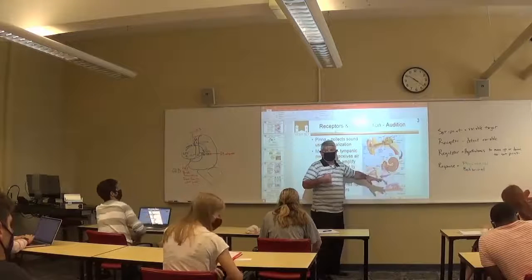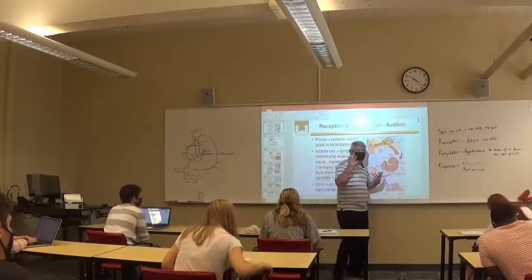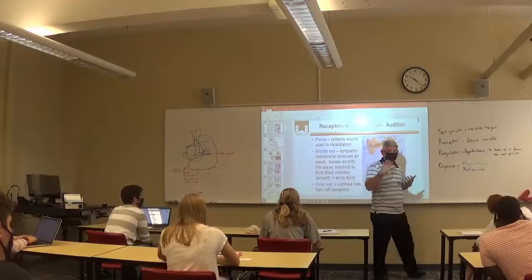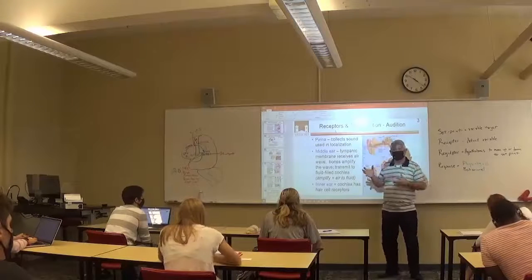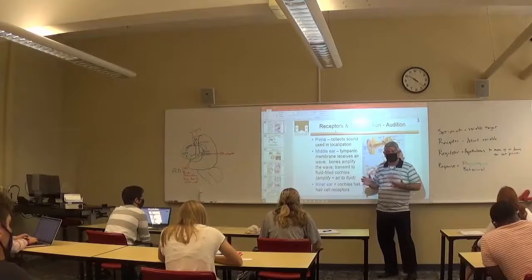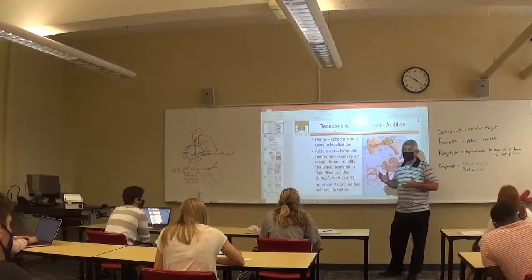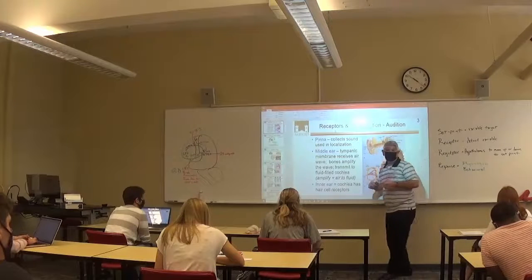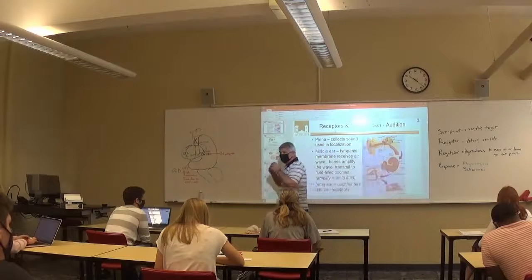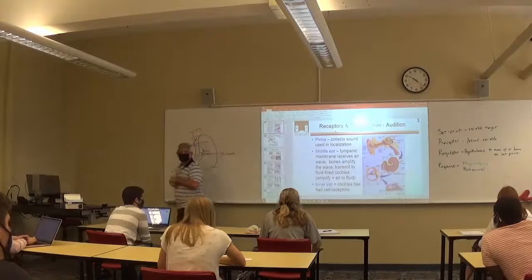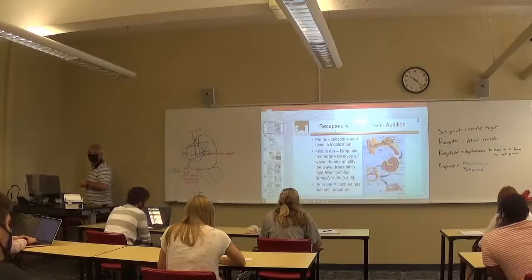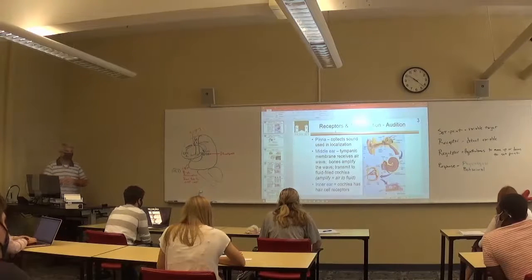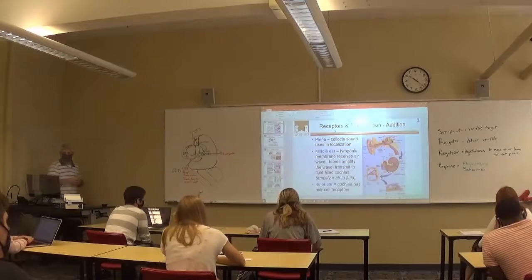So the middle ear has the tympanic membrane that catches the sound wave, and then the three bones that are going to amplify in a lever-like fashion that smaller sound wave into a bigger fluid wave inside the cochlea. So the middle ear's job, amplify the sound. Get it to the cochlea. Are we going to have to know the names of the bones? No, you don't need to know the names of the bones, just for trivia.